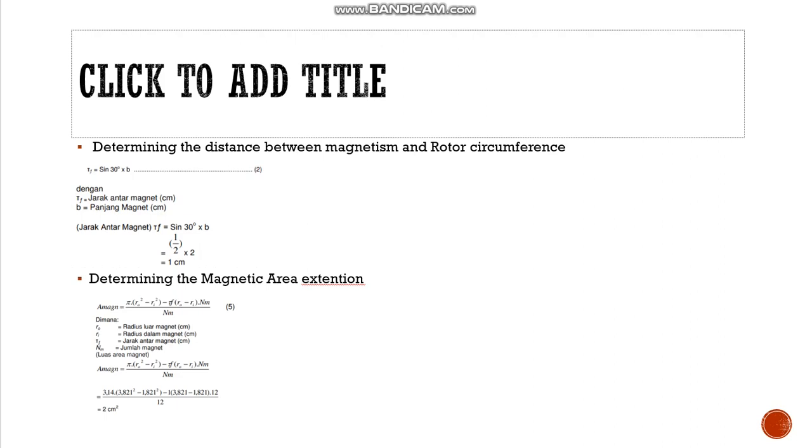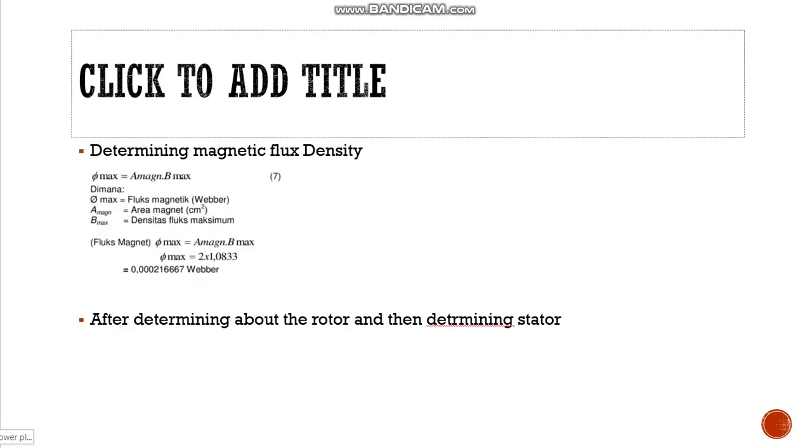And then determine the magnetic area extension, with P, Rn, 4/2, etc. And the result is 1 meter 2 centimeters squared. And then determine the magnetic flux. The result is in Weber like this.